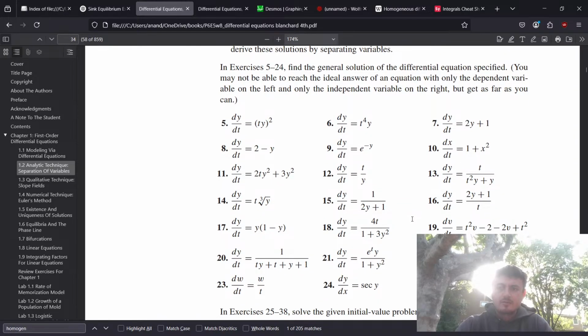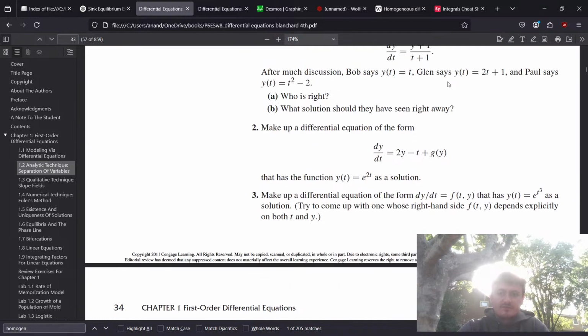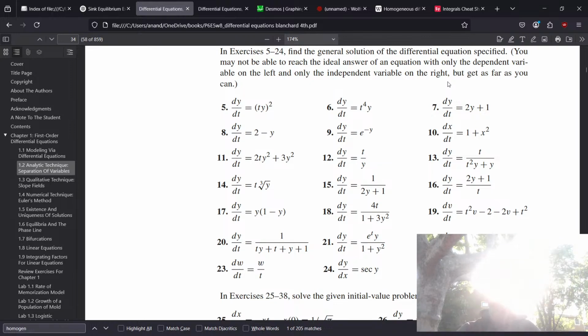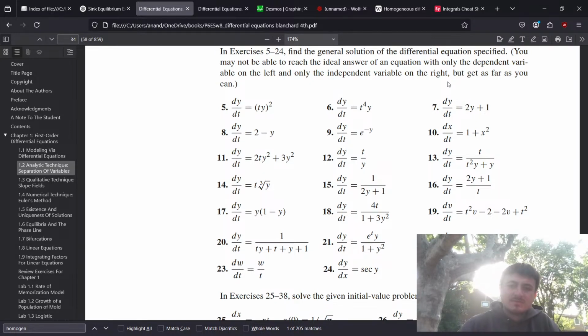Okay, maybe we should just pound these. Let's just pound them. Let's go. Okay, so number 5, we have t squared y squared. So that means we have dy over y squared is equal to t squared dt. So this is actually y to the minus 2 dy equals t squared dt.